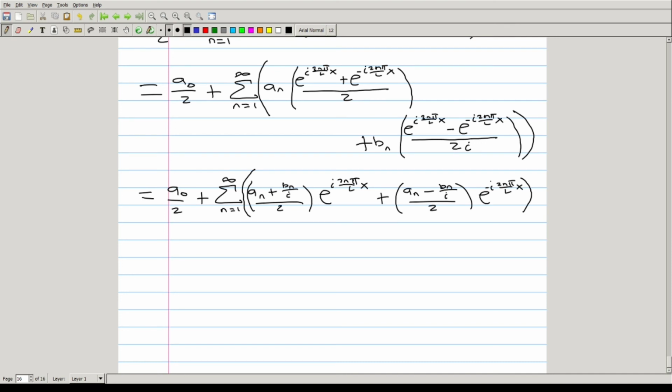Which finally can be simplified to, we say C naught is A naught over 2. Cn is An plus Bn over i over 2, which is the same thing as An minus i Bn over 2, when n is greater than or equal to 1.